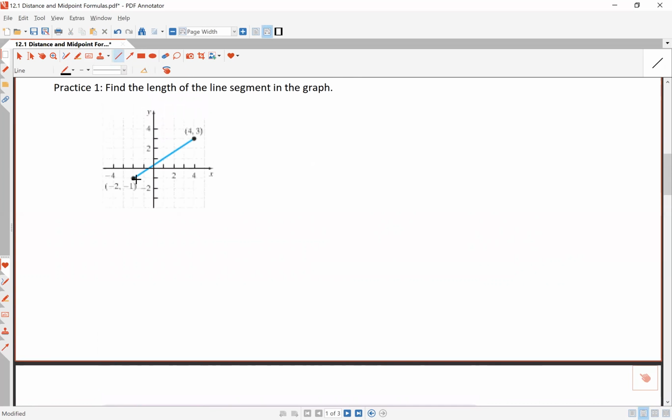We form the right triangle between these 2 points. That's one side, and here's the other side. And so from -2 over to 4, that side has a distance of 4 minus -2, which is 6.